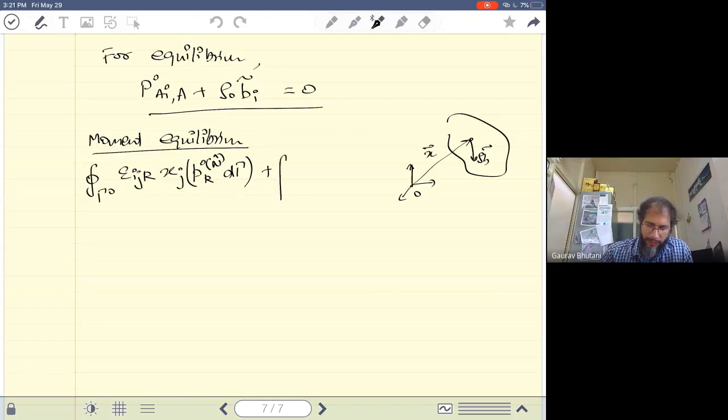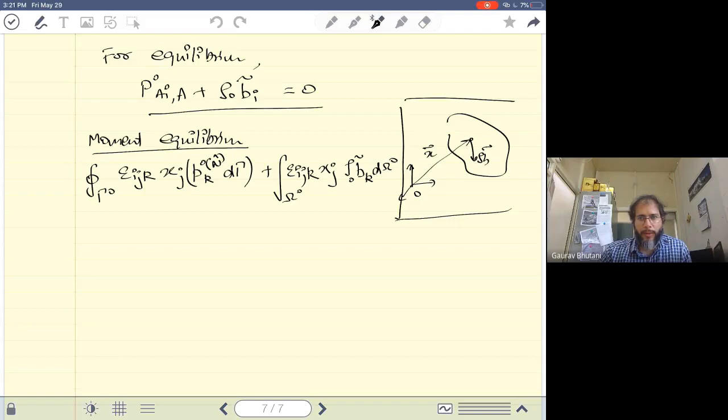And the second term we have is the torque because of the body forces. So I've written rho naught bk tilde. I'm not writing everything and converting that to the material coordinates. I've skipped a few steps and I've straight away written the material form of the equation. And this is equal to 0 because the body is under equilibrium.